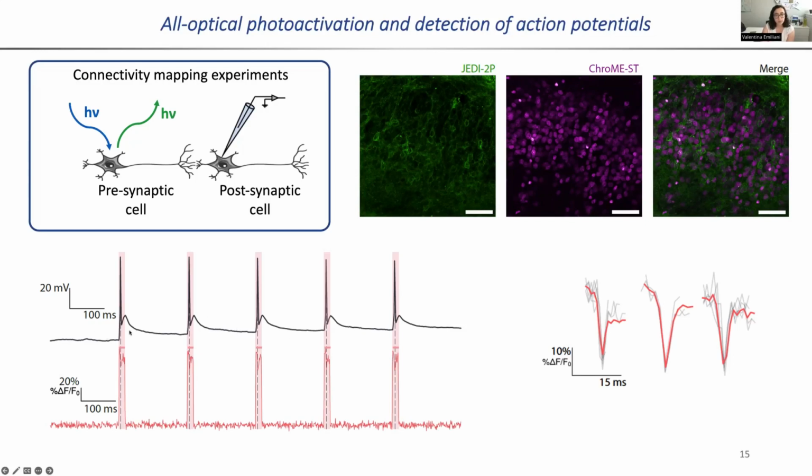Here's the electrophysiology trace. We can see that when we turn on the laser, which is the pink bar, we were able to trigger action potentials, but also to image them. And here, as you can see, there's this small decrease in the level of fluorescence, here zoomed out. So we showed that we were able to photostimulate, but also record the action potentials.